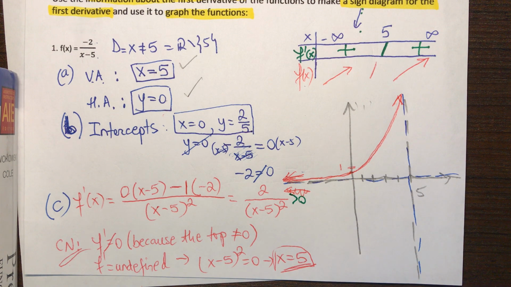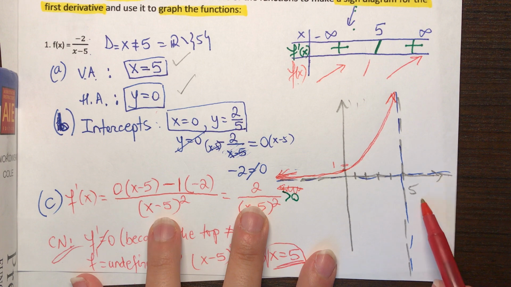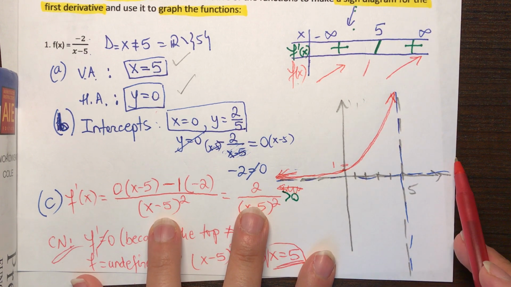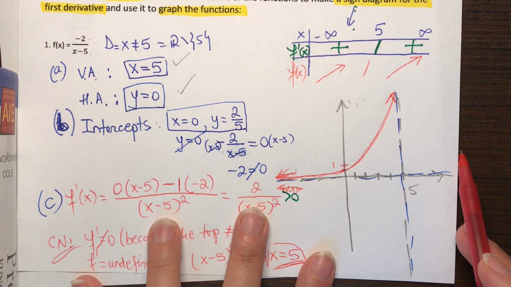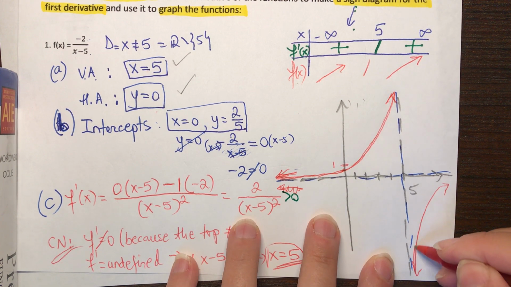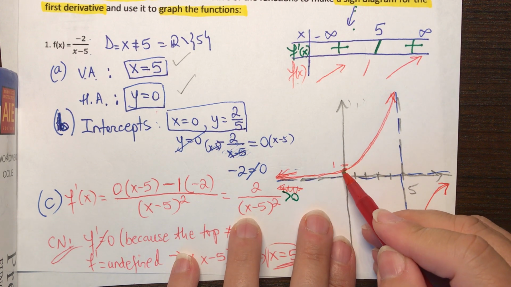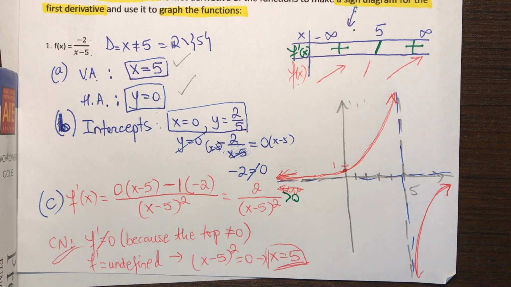It looks just like the 1 over x, right? And then I have to jump over to this side, and what's going to happen over on this side? Is the graph up here? No, because up here means it's going to go down, yes? So it has to go up again. And as you see, there are no other crossing points, right? The only crossing point through the axis was 0, 2/5, which we considered. The rest of it is just there.